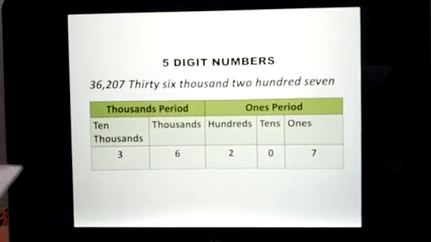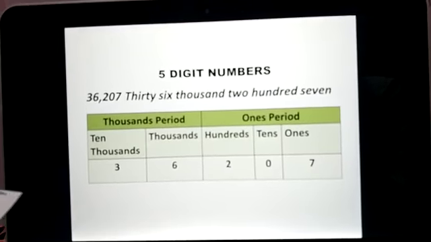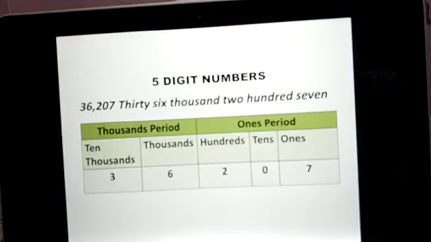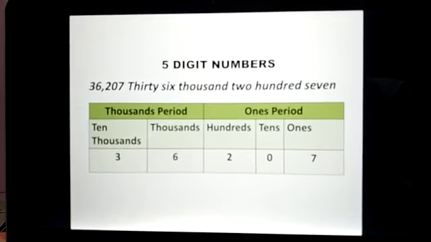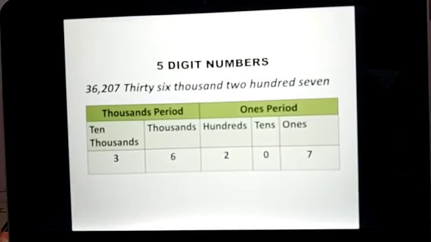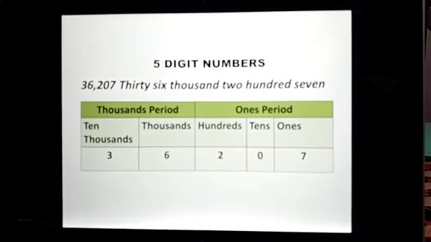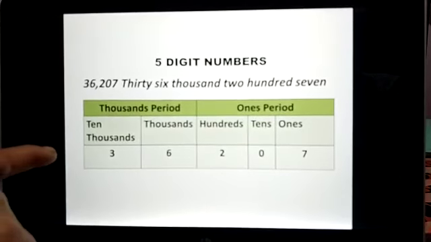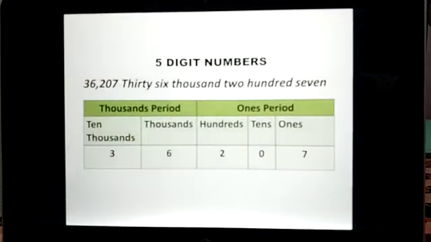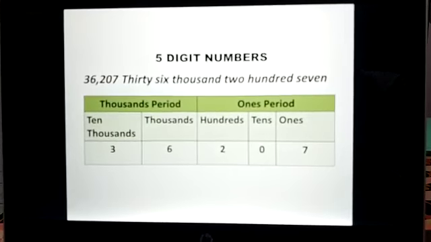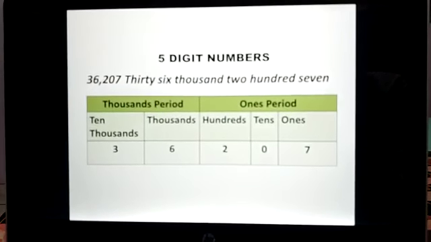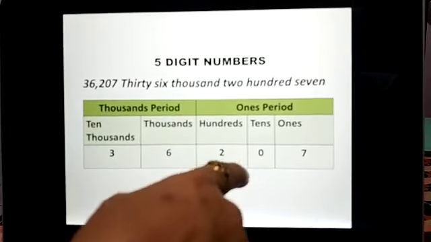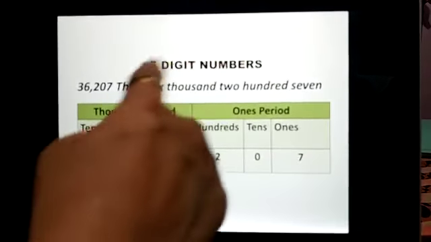So, when we add 1 to the greatest 4-digit number, we get the smallest 5-digit number, which is 10,000. Now, the 5-digit number here is 36207. That is 36,207. Now, in order to read and write a number easily, we split it into periods or groups.